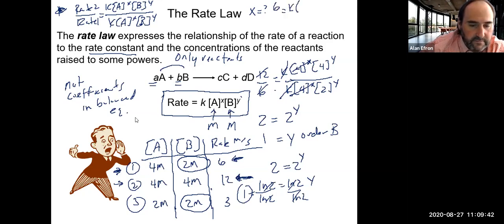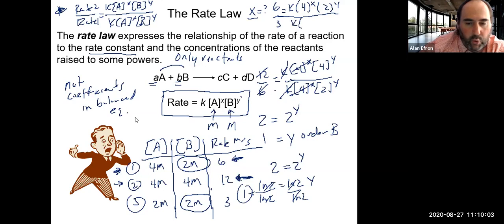6K, and we have 4 to the X and 2 to the Y. All that is entry number 1 and entry number 3 on the bottom, which would be 3K.